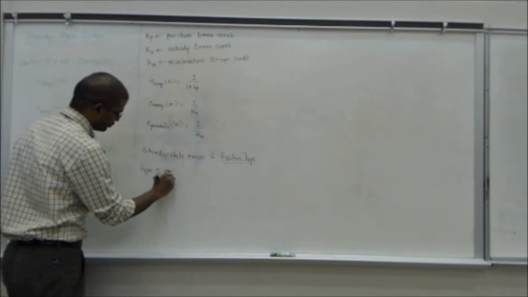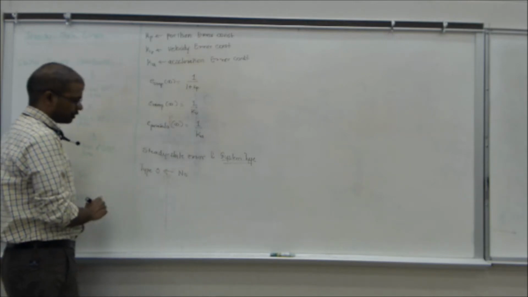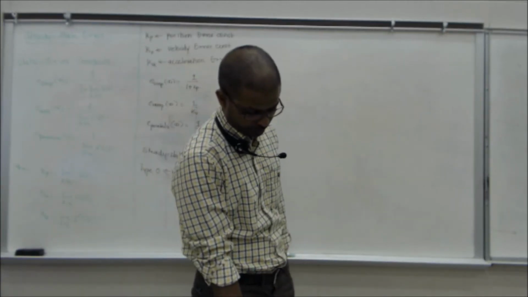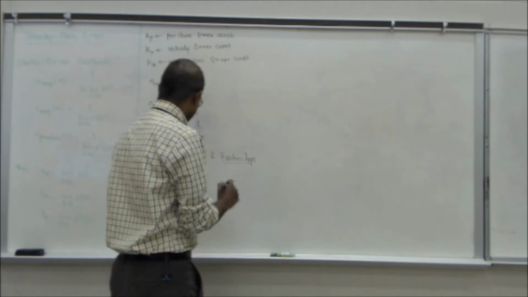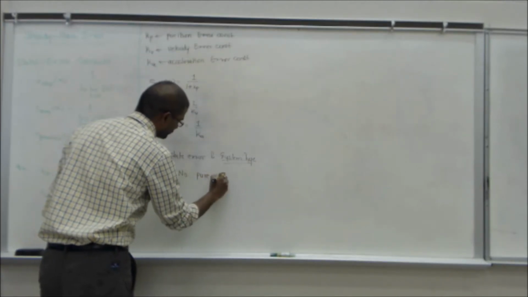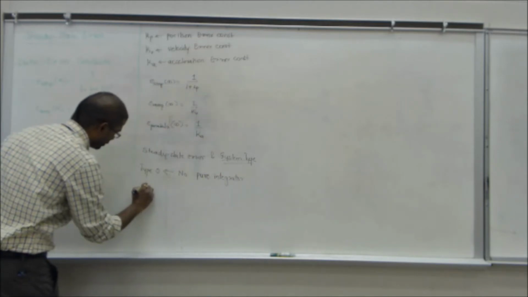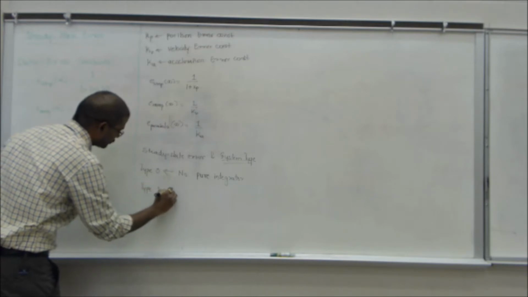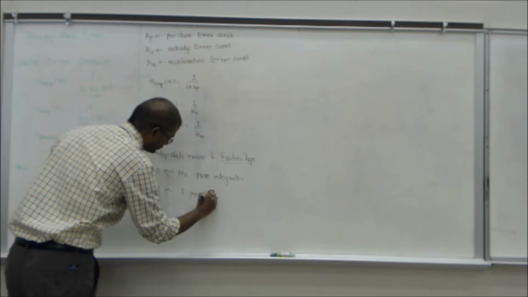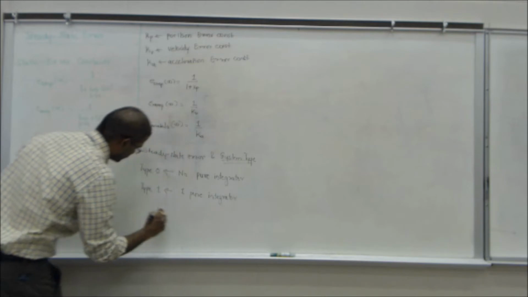Type 0, which means there is no pure integrator. Type 1 has one pure integrator. And type 2 has two.